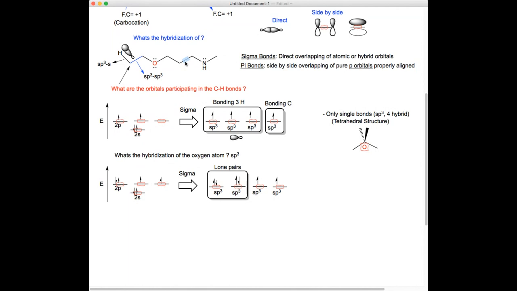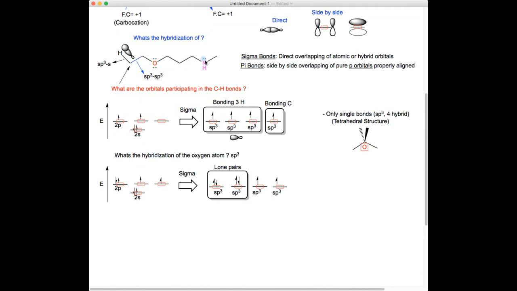It's a sigma sp3-sp3 because both carbons forming that bond are sp3 hybridized. That is correct, okay? If anybody is missing something, please type the question on the chat. I'll be happy to address any questions that you guys might have.